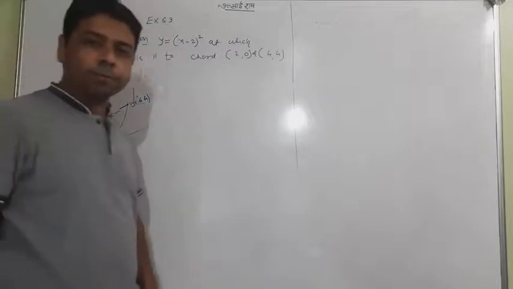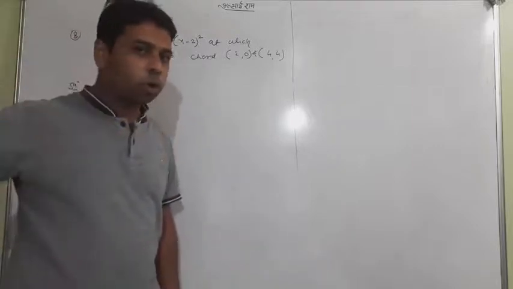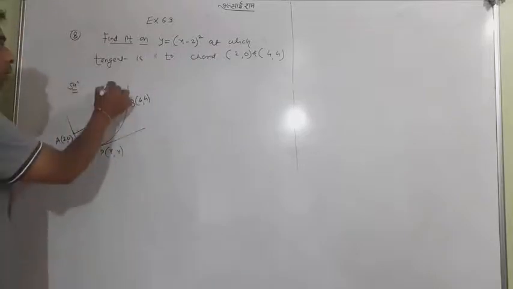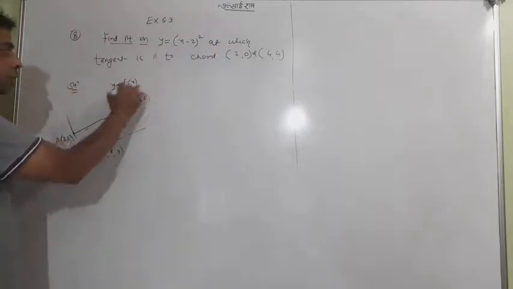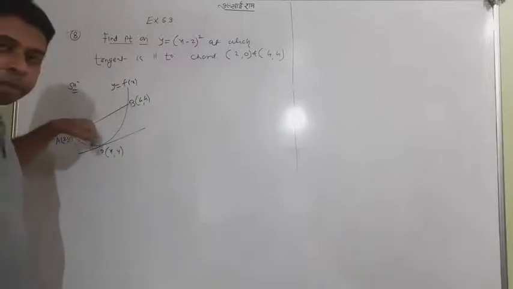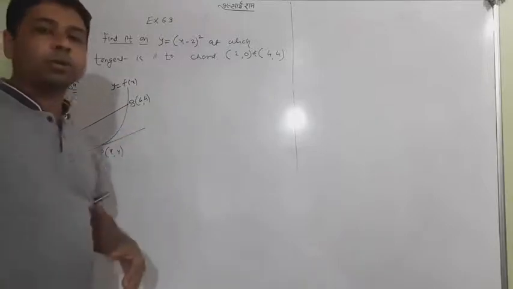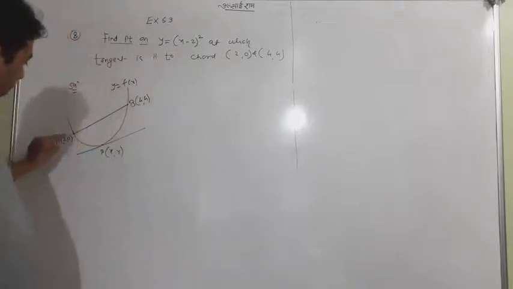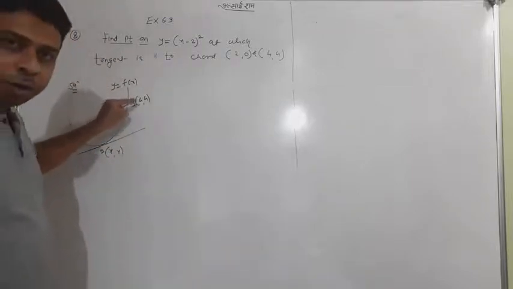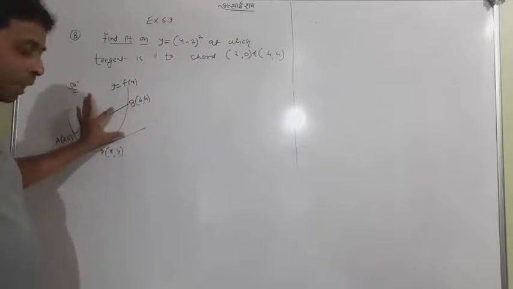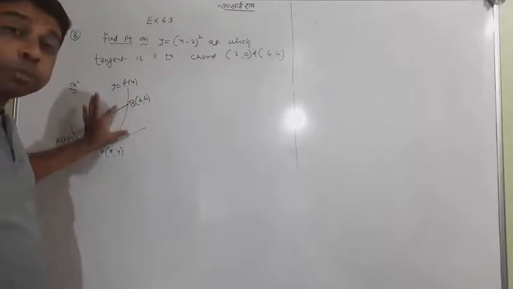I don't think it's a tough one, because in a circle we know what a chord is. The same is for this curve. This is y equal to whatever my function is, and for this function my tangent is parallel to the chord. And after that, the question is very simple, because these are two parallel lines, and parallel lines have the same slope.